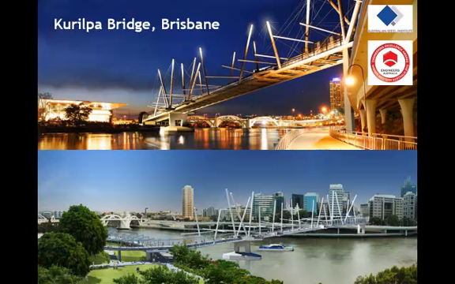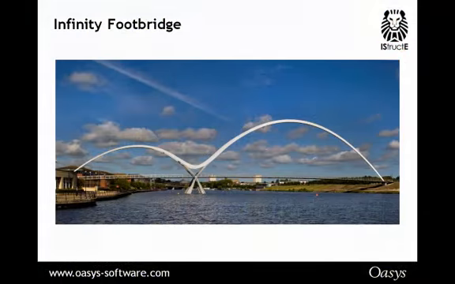And yes, those are actually photographs. Doesn't look quite real, does it? The Infinity Footbridge, Institute of Structural Engineers Supreme Award, a couple of years ago. Longest footbridge in the UK, 160 metres, designed by Expedition Engineers.